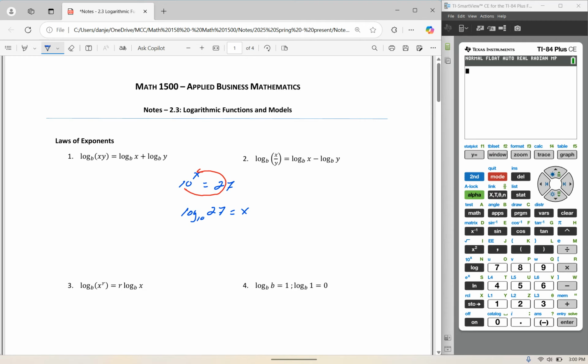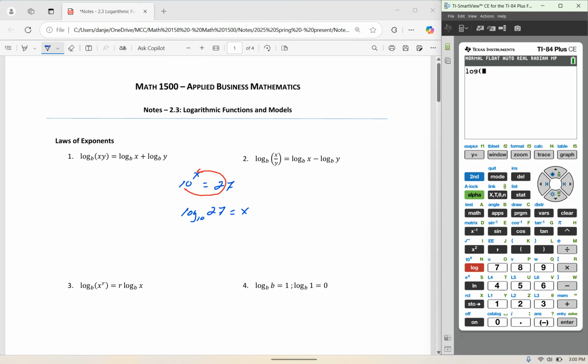If I evaluate that on my calculator, you'll notice there's a log button here. The base of my log is 10, where this says log, that assumes base 10. Log base 10 of 27 equals 1.43. That means 10 to that power equals 27. There's a little bit of rounding going on, which is why it's not exactly 27.